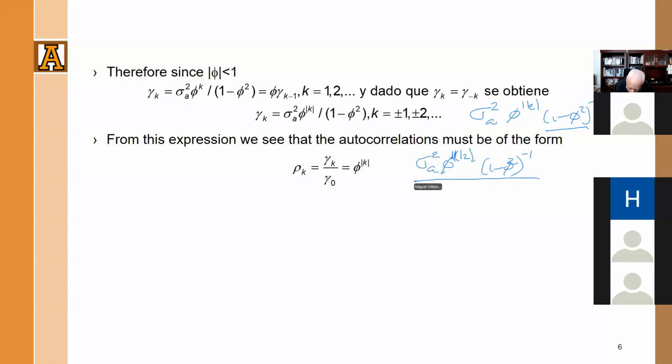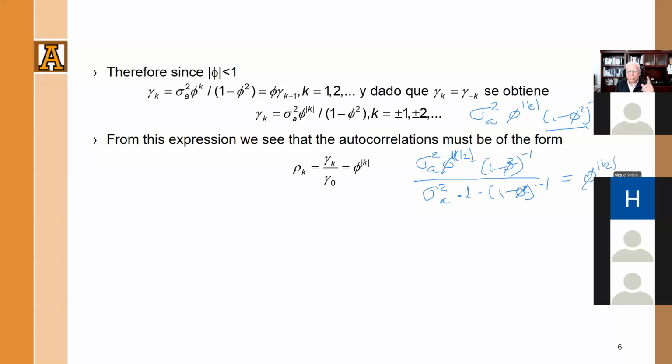And then I'm dividing that by gamma 0, when k is equal to 0, which is sigma squared sub a times phi to the 0, which is 1, times (1 minus phi squared) to the minus 1. And that's just equal to phi to the absolute value of k.